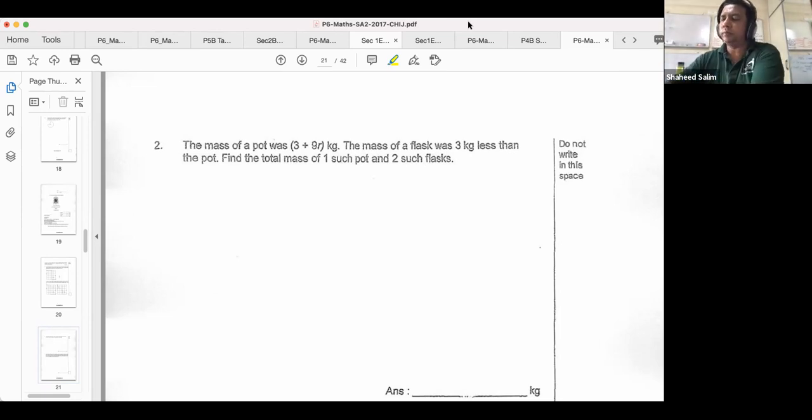This is paper 2. You can use your calculator. This one for which question, Kasi? Question 2.